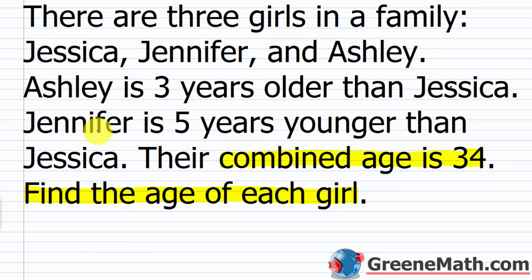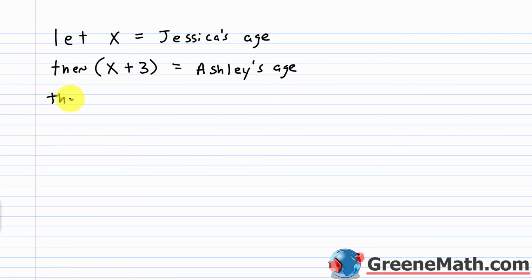Well, it's also telling me that Jennifer is 5 years younger than Jessica. So that tells me I can put then X, which again is Jessica's age, minus 5, because Jennifer is 5 years younger. That's going to be Jennifer's age. So we have X as Jessica's age. Then we have X plus 3 as Ashley's age, right? Because Ashley is 3 years older than Jessica. And then we have X minus 5 as Jennifer's age, again, because Jennifer is 5 years younger than Jessica.